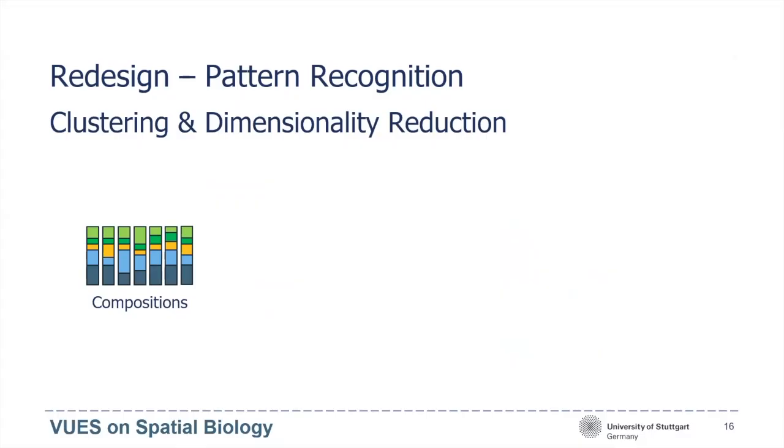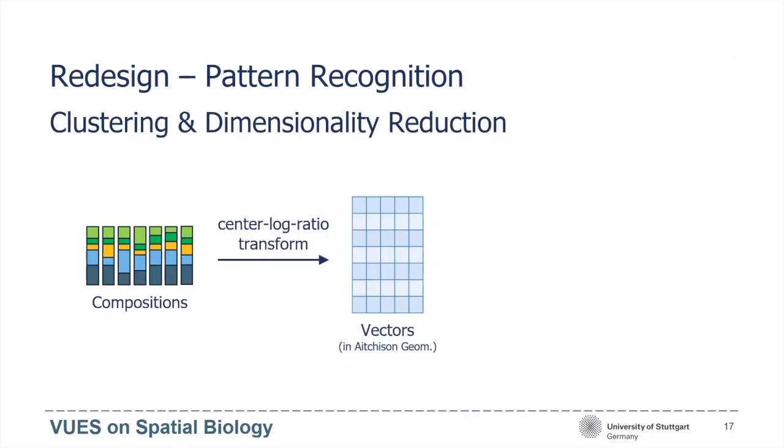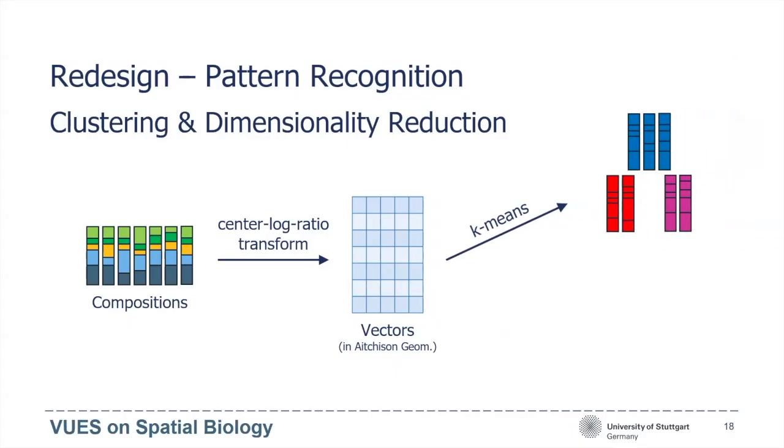Now we are equipped with some tools for compositional data, and will apply these to the data. First we transform the data into a space with regular arithmetic, where the regular arithmetic operations preserve the compositional nature of the data, and where the Euclidean distances correspond to the Aitchison distance. This is done with the center log ratio transform. Then we can apply classical pattern recognition algorithms such as k-means, which provides a clustering of the cell type mixtures.